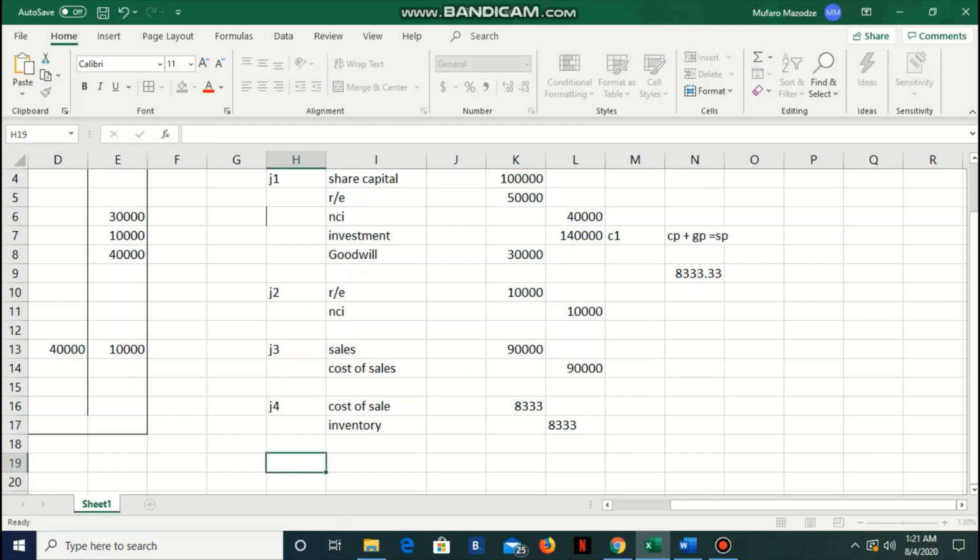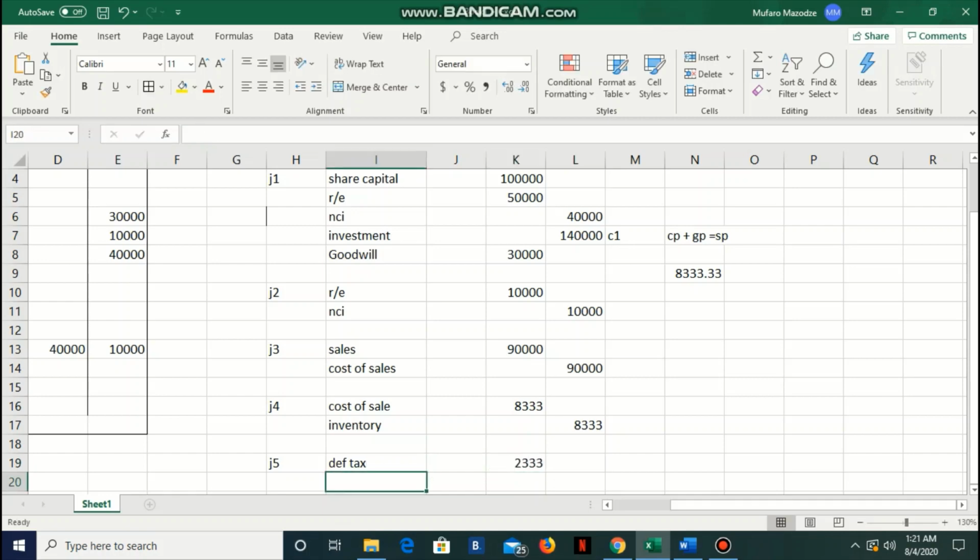And then don't forget the tax effect, which is basically just debit deferred tax, and you times by 28% and you get 233.